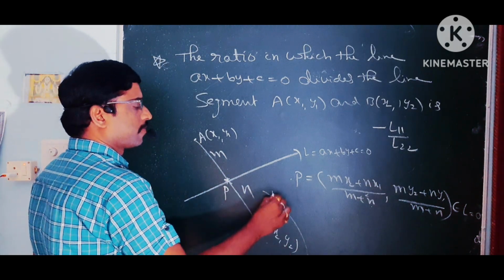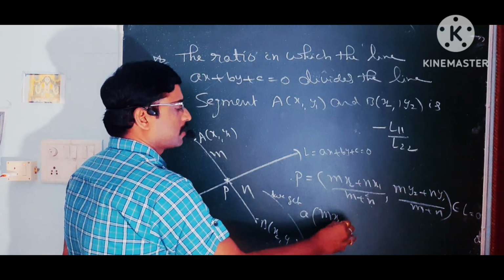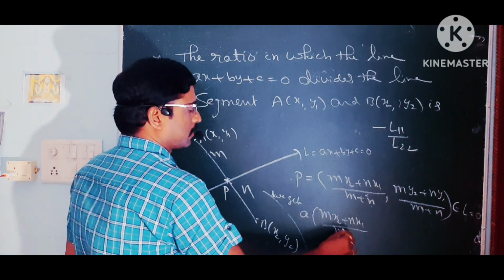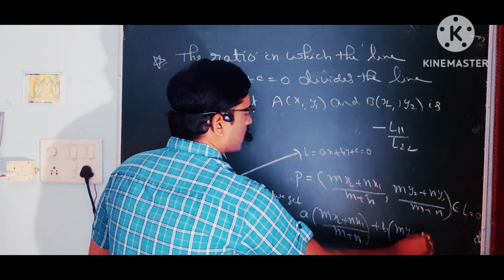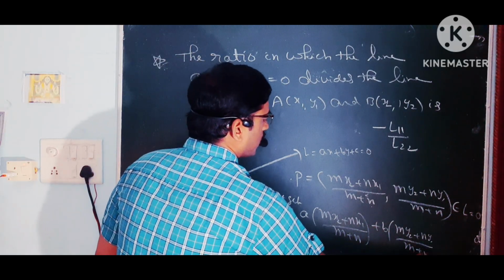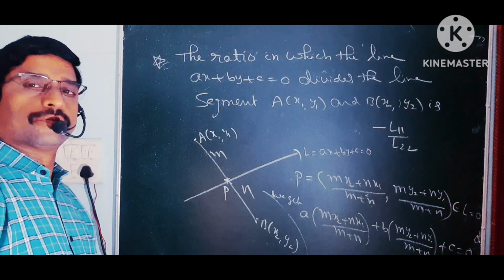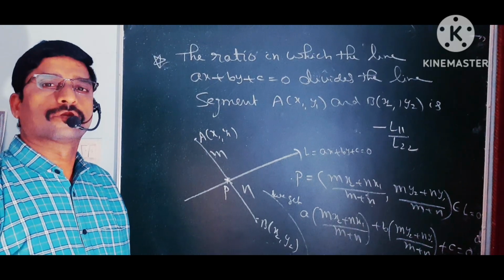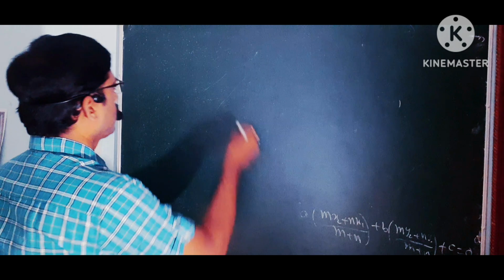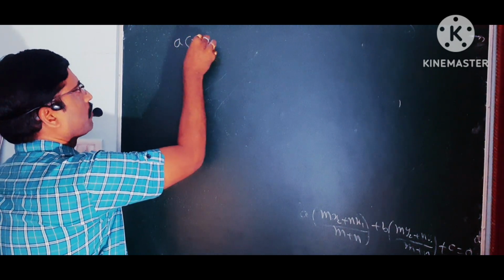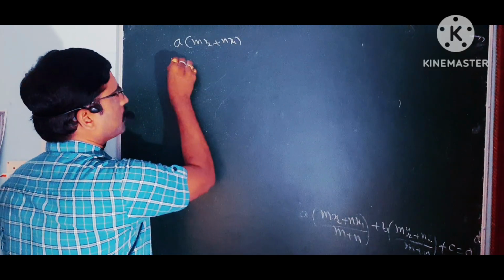In the place of x and y, I am writing the x coordinate and y coordinate. We get a into (mx2 plus nx1) by (m plus n), plus b into (my2 plus ny1) by (m plus n), plus c is equal to 0. Now, continuation. a into (mx2 plus nx1), what is the LCM here? m plus n is the LCM.